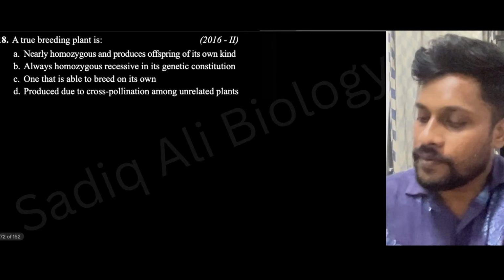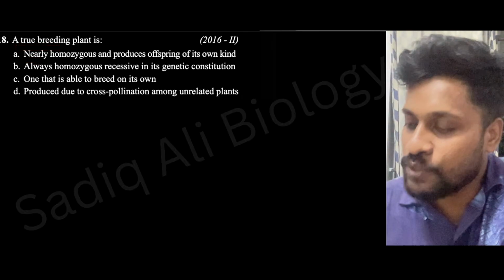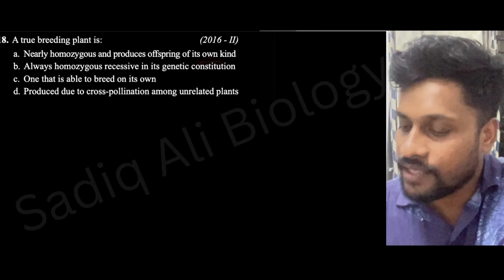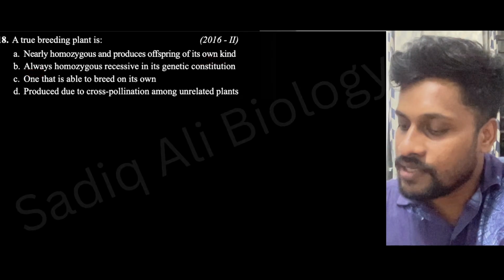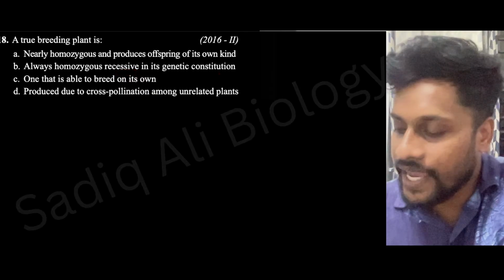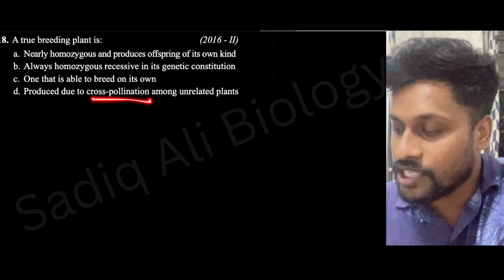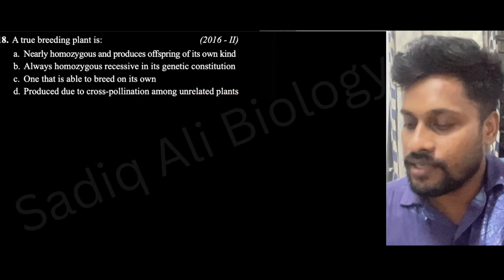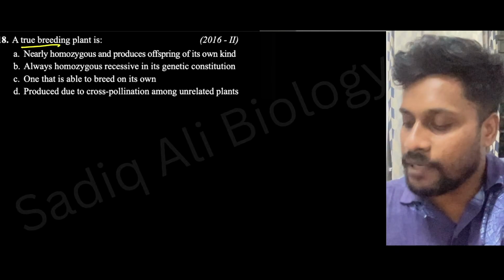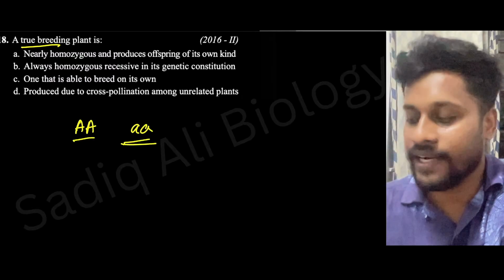Now, a true breeding plant is nearly homozygous and produces offspring of its own kind, always homozygous; recessive in its genetic constitution; one that is able to breed on its own; produced due to cross pollination among unrelated plants. Guys, what is true breeding? For example, capital A capital A, small a small a, all these are true breeding.